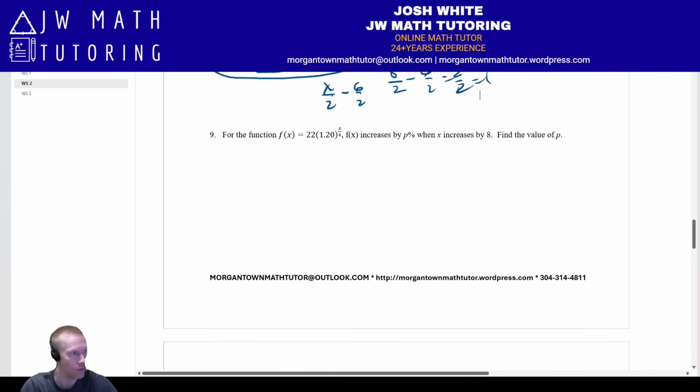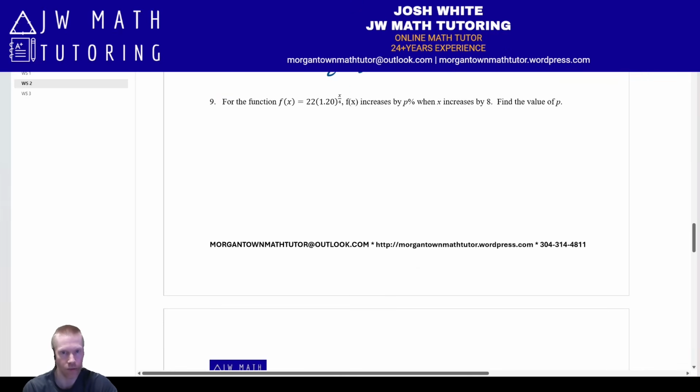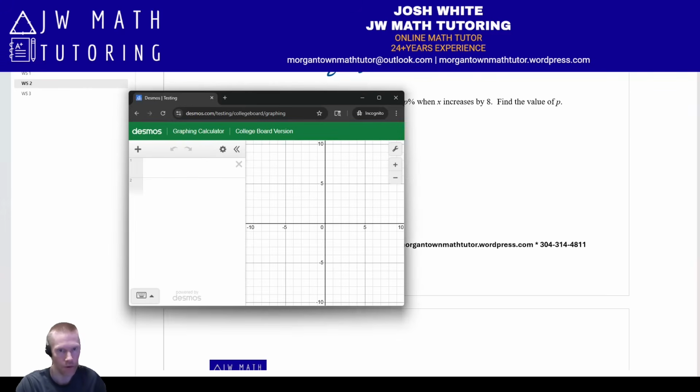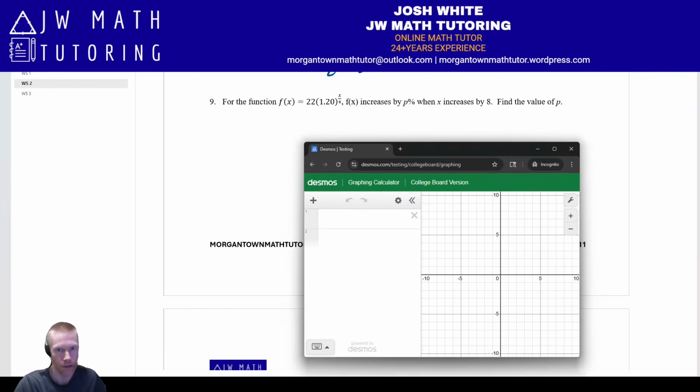All right, next question. We have number 9, another exponential problem here. And this one is asking how much is this function increasing by when x is increasing by 8? So we can use the same percent increase/decrease formula that we've seen previously. What I would do is just put this function in Desmos.